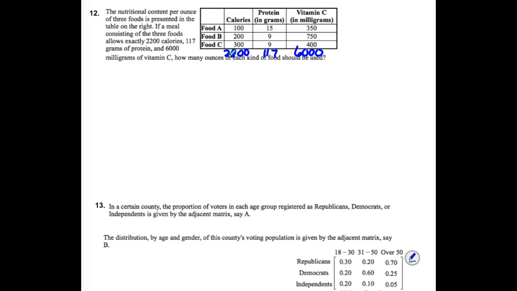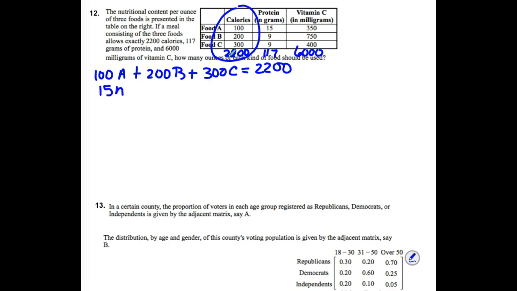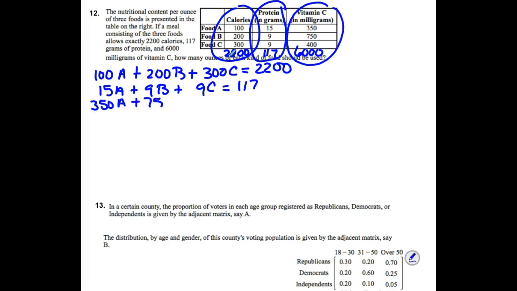So my first one, 100A, 200B, 300C gets me 2,200. That would be my equation. Yes? For calories. For protein, I have 15A plus 9B plus 9C equals 117. That's my protein. For vitamin C, I have 350A plus 750B plus 400C equals 6,000.